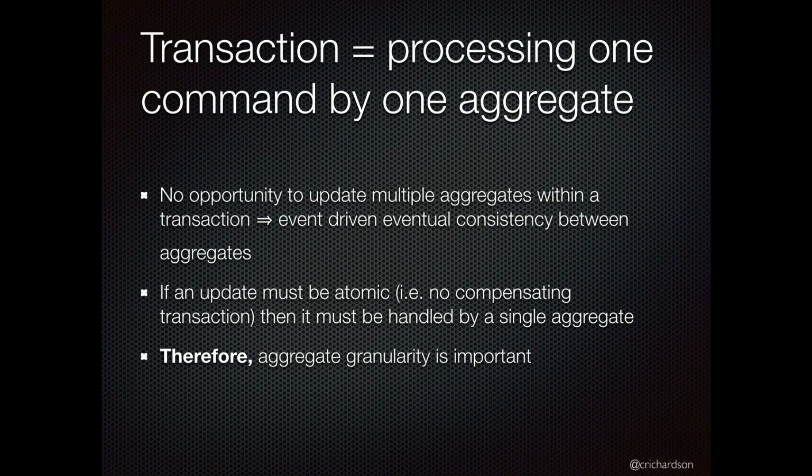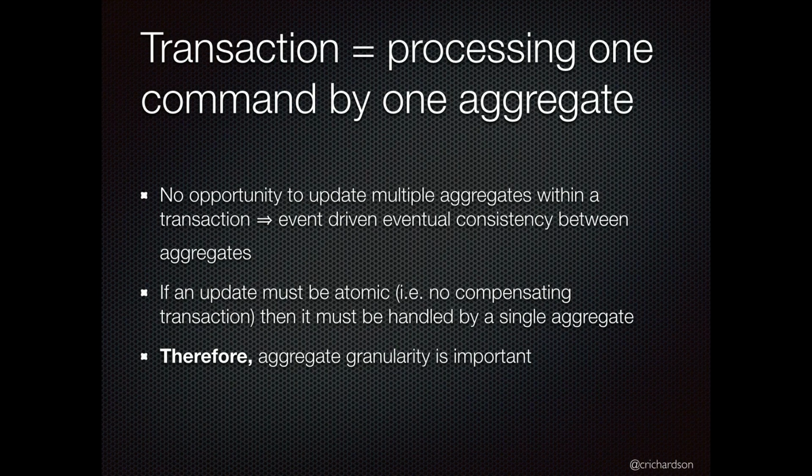But if you think about it in a microservice, the scope of an ACID transaction is now limited to exactly one service, right? We've talked about how if you want to have transactions span multiple services, it must be an eventually consistent, event-driven workflow. So aggregates give us a way of modeling that.